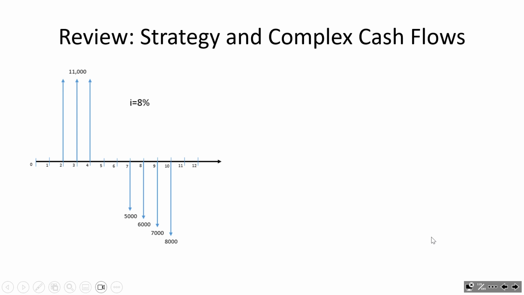Now, let's just review what we do when we have a complicated cash flow diagram like this. What makes it complicated is the fact that we can't solve for the final answer in a single step. If we wanted to know the present worth, so we want to discount all of these future values to time 0, then it's going to be several steps along the way.